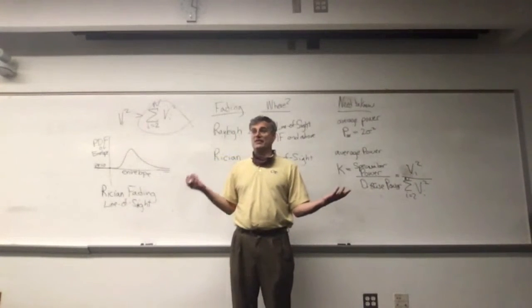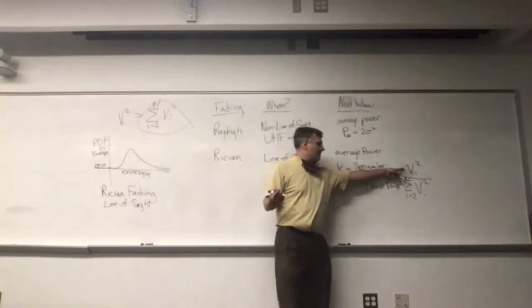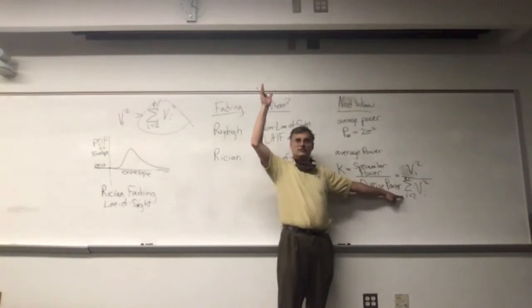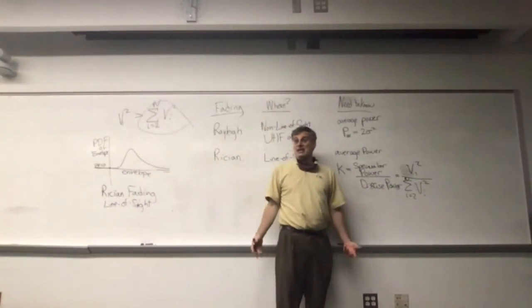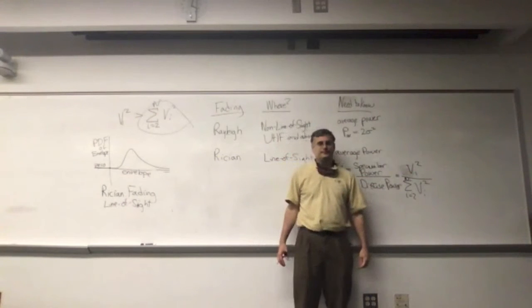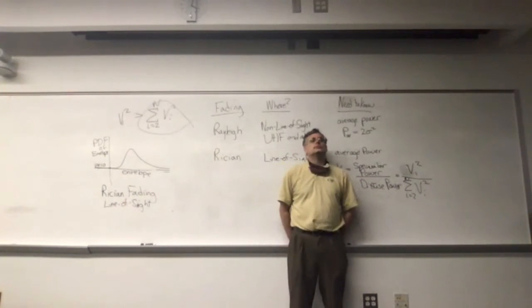You can experience a K of 0, which means the dominant component is really, really small compared to the uncountable components of diffuse power. What is the special case of K equal to 0? What kind of fading does that become? What's the only kind of other fading you know? Rayleigh, that's right.